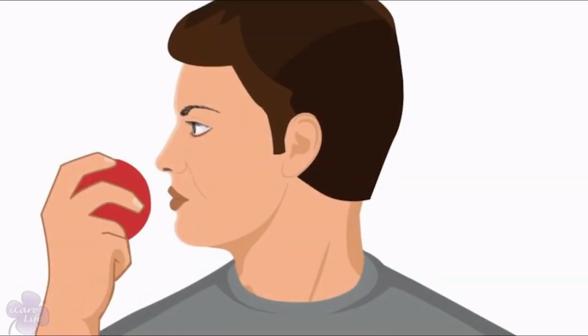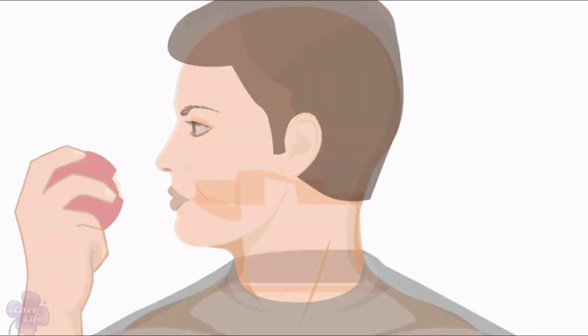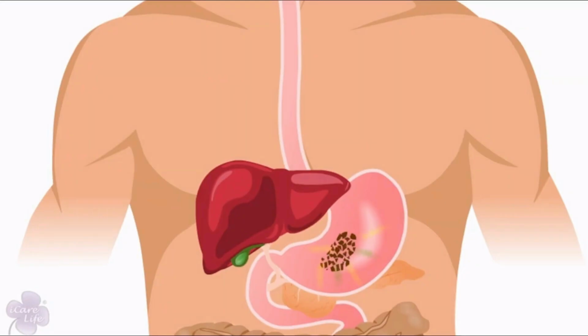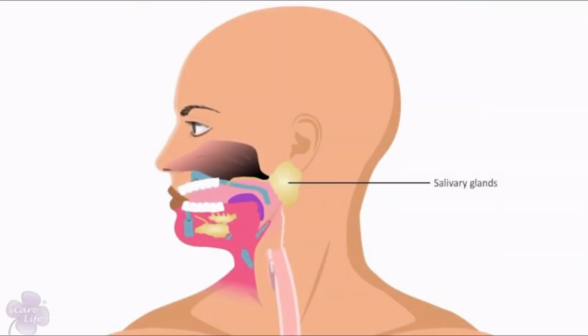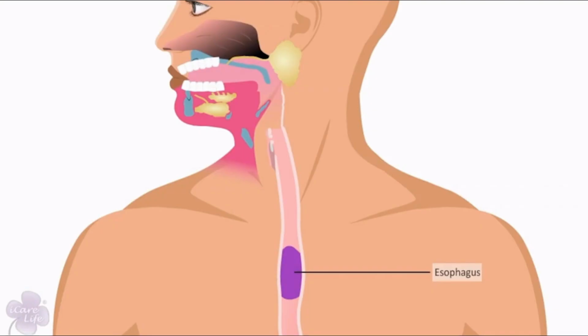The steps in the process of digestion are: food is chewed by the teeth. Saliva breaks down the starch in the food. The food is swallowed and moved to the pharynx. The food moves down to the esophagus and then to the stomach.